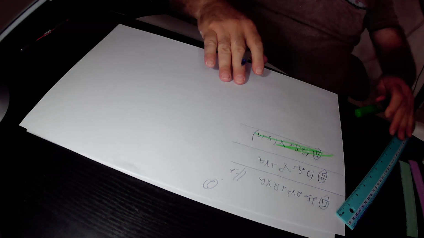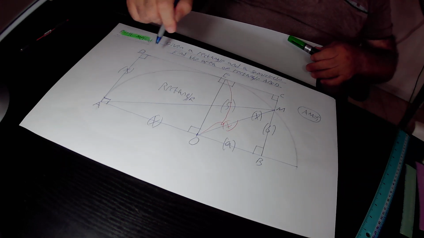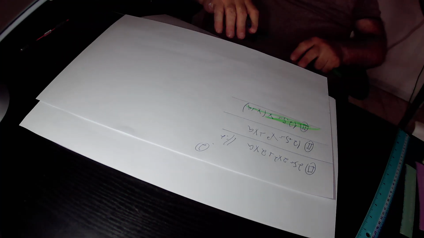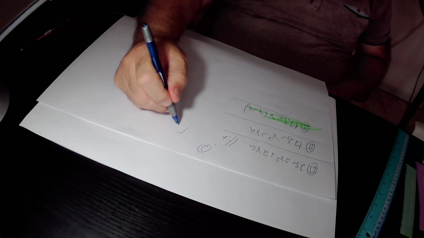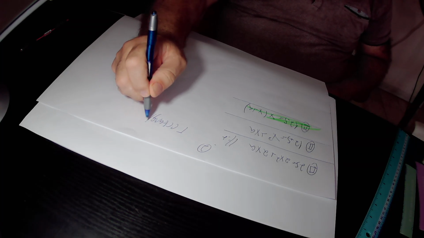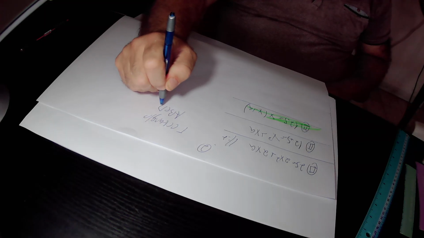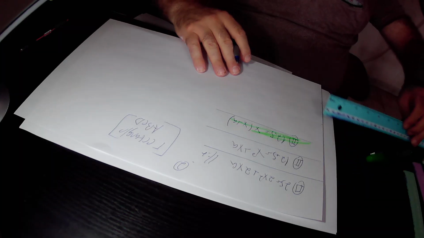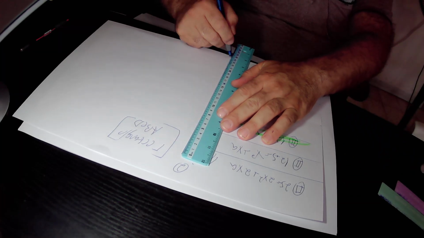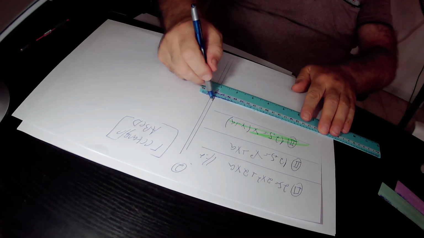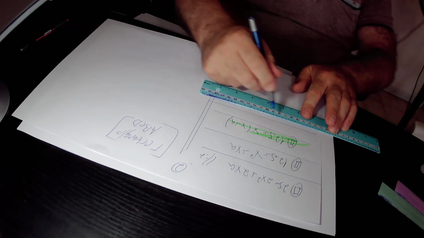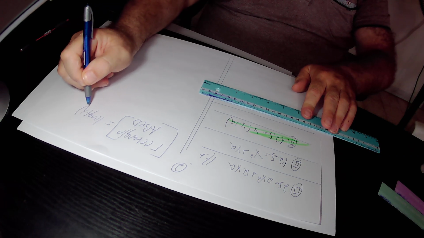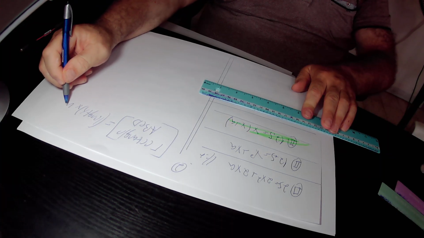Our mission is to find out the area of this rectangle ABCD. The area of any rectangle equals the length of the rectangle times the width.